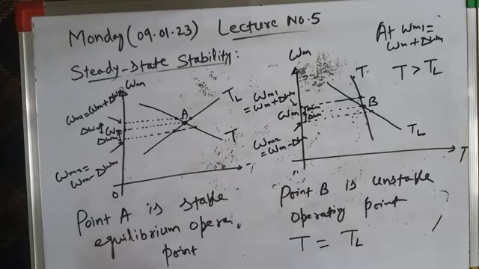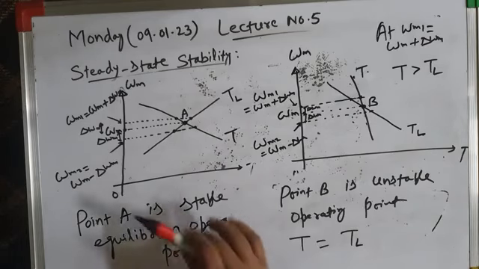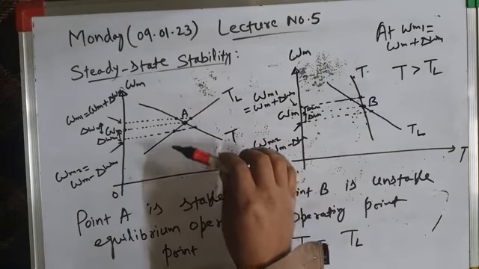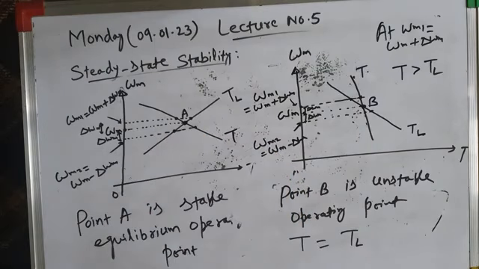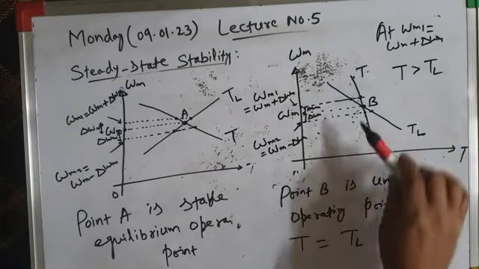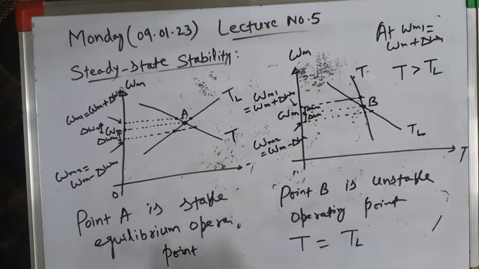The question is, is this operating point stable or not stable? We have taken two different cases. In the first case, we have found that A is the stable operating equilibrium point, whereas in the second case, B is not a stable operating point. It is an unstable operating point.